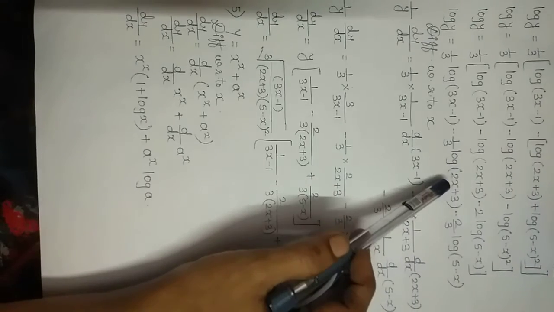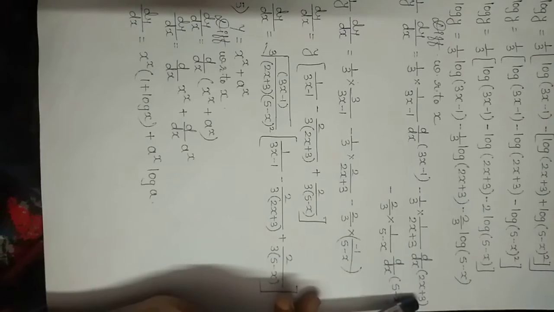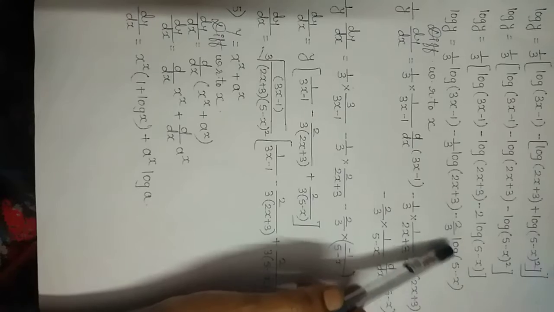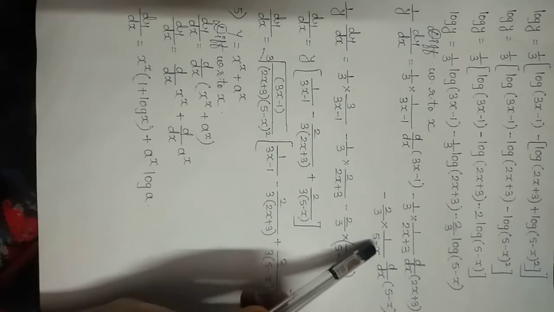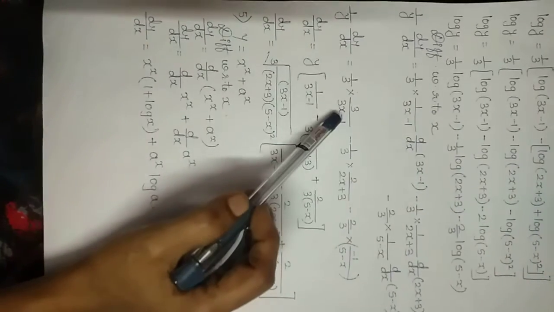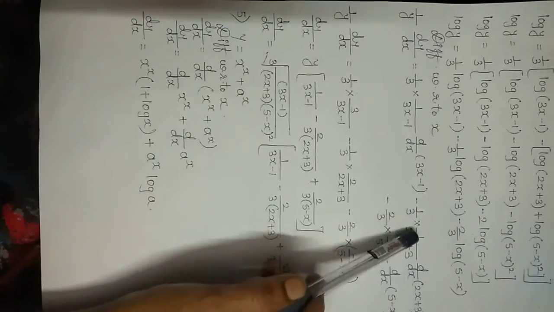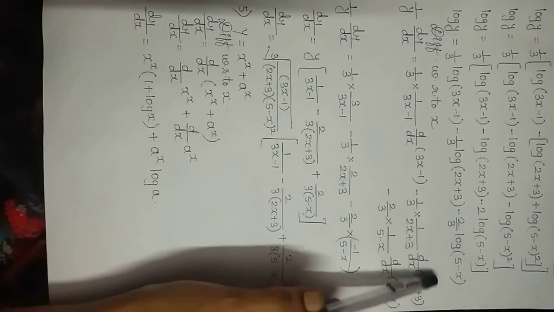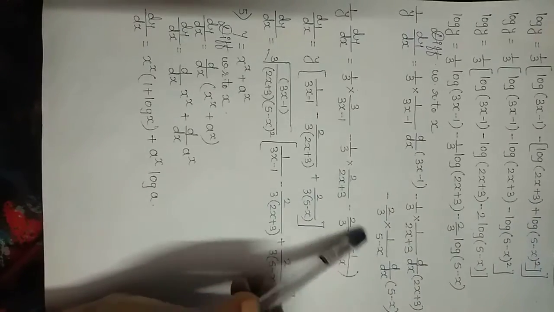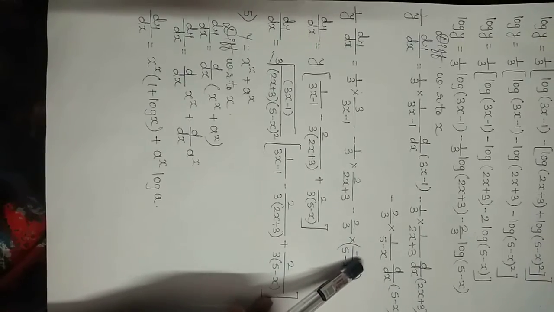The derivative of log of 2x plus 3 is 1 upon (2x plus 3) into the derivative of 2x plus 3, minus 2 by 3 into the derivative of log of 5 minus x, which is 1 upon (5 minus x) into the derivative of 5 minus x. Now keeping this term as it is, the derivative of this will be 3. Minus, keeping these two terms as they are, the derivative of 2x plus 3 will be 2. Keeping these terms as they are, the derivative of 5 minus x will be 0 minus 1. So that is minus 1.